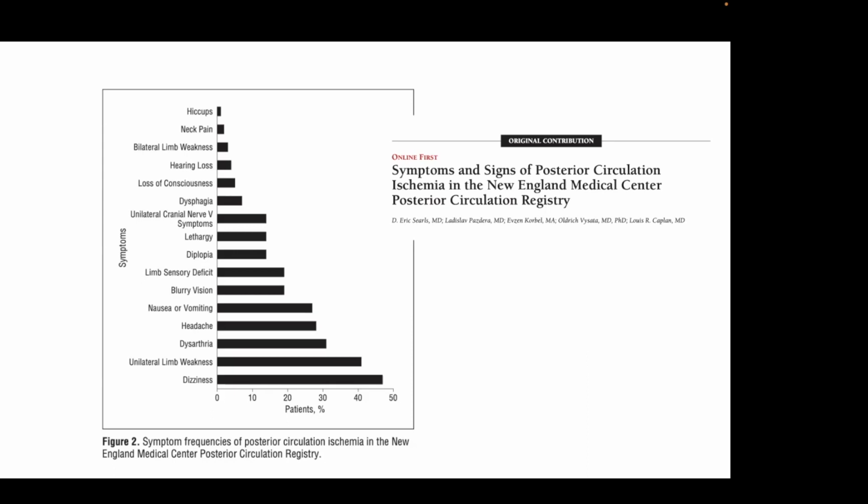Well, let's break it down into two categories. We'll talk about young and old. I don't know the exact cutoff of that. Certainly, if I have a 30-year-old patient who has a posterior circulation cerebellar infarct, I'm going to assume they have a vertebral dissection until proven otherwise.